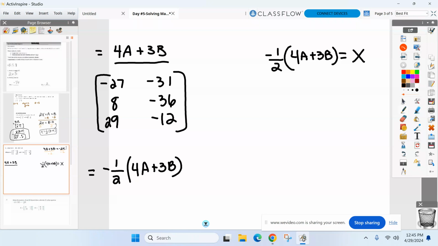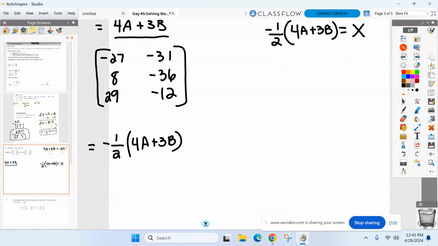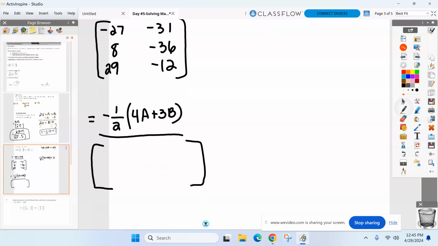And then when you're satisfied, go ahead and divide everything by negative 2 or multiply by negative 1/2. All your signs should be changing from your previous matrix. Remember, all your signs should be changing because you're dividing by a negative now.